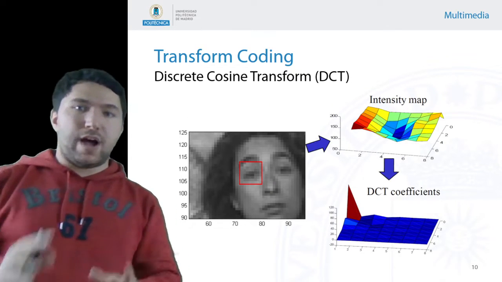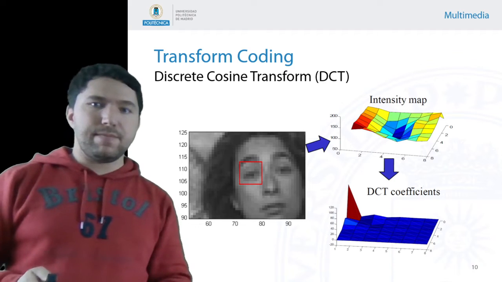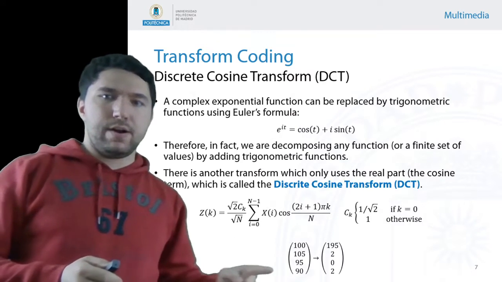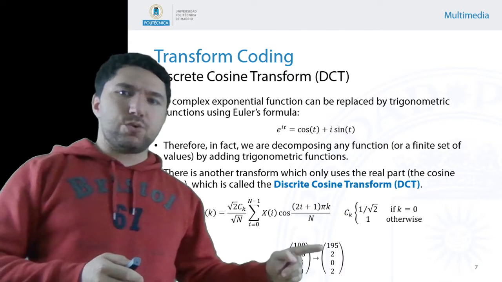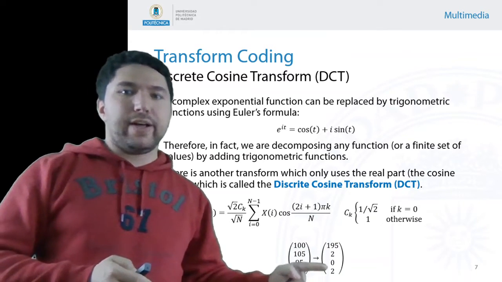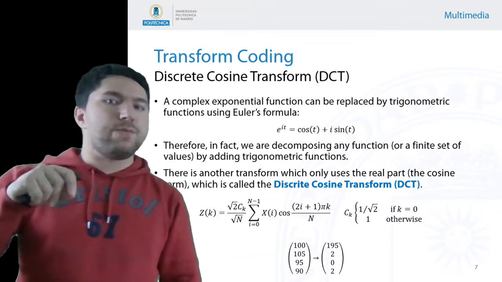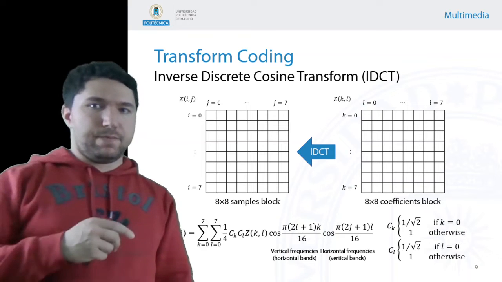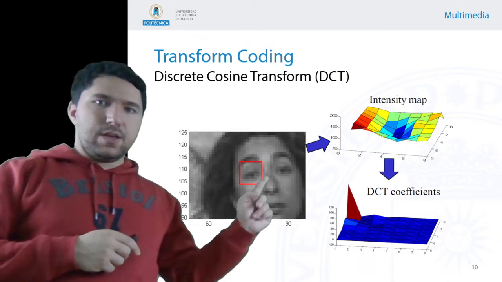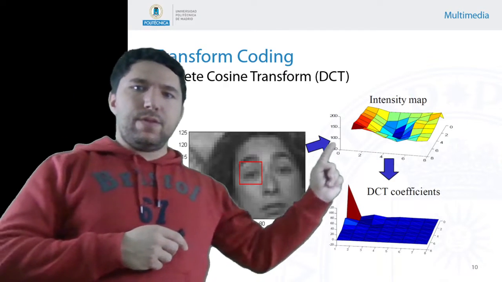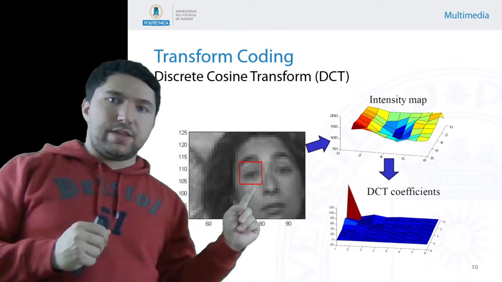But what happens here is exactly the same that we saw here. In the first coefficient, we have the mean of all the values, and in the other ones, we have refinements of this value. If we focus on this block, which is an eye, always black is close to 0.